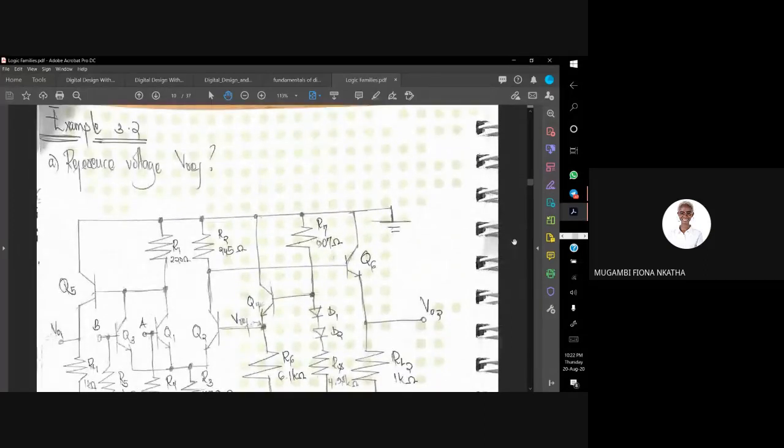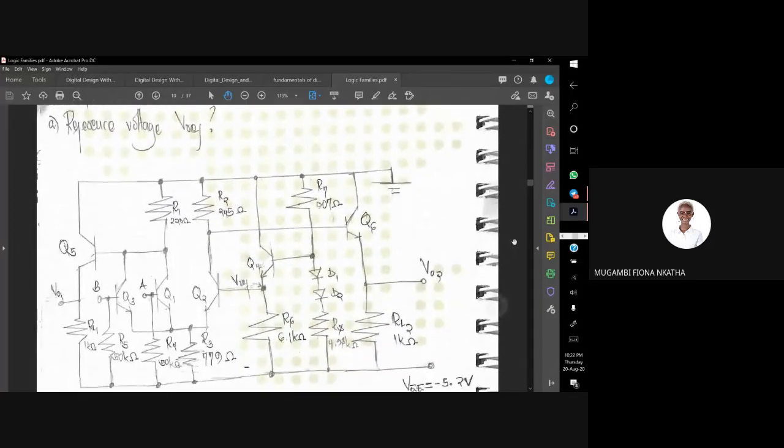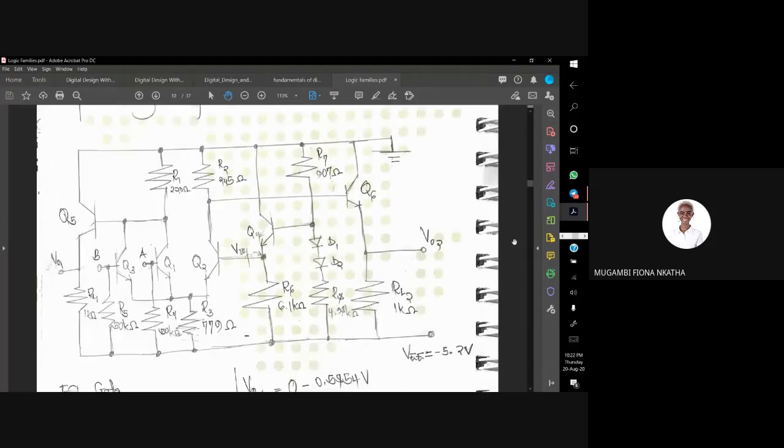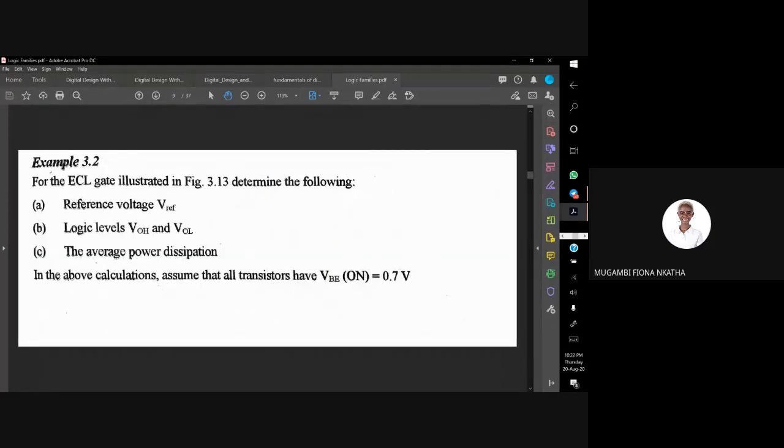So to find the reference voltage VREF, you've not read the question. For the ECL gate, determine the following: reference voltage, logic levels VOH and VOL, and average power dissipation.